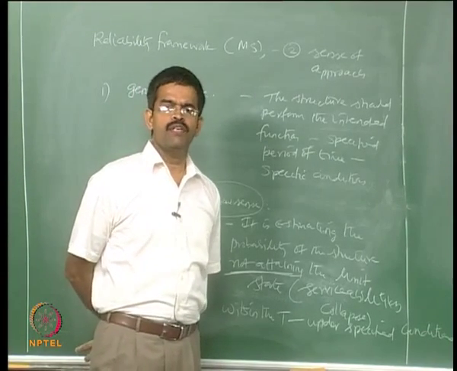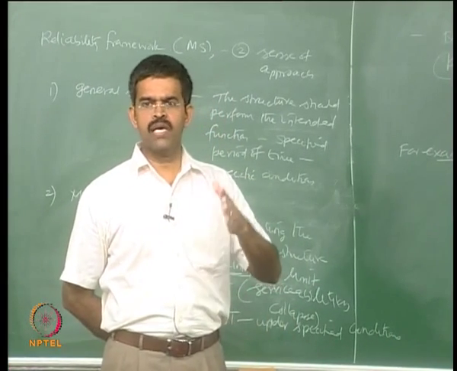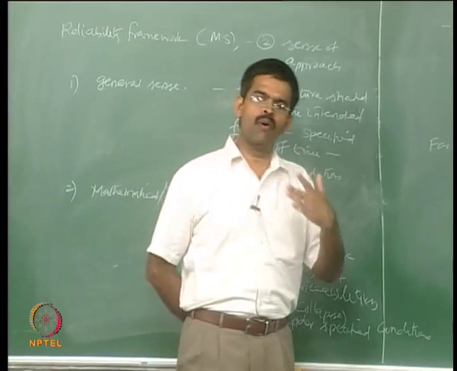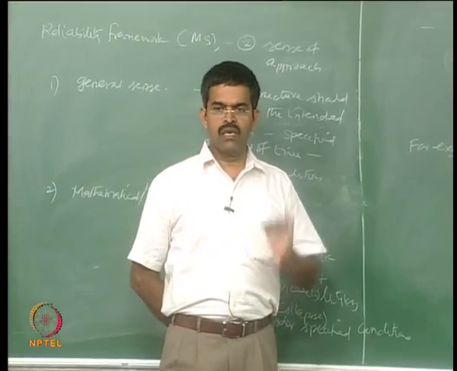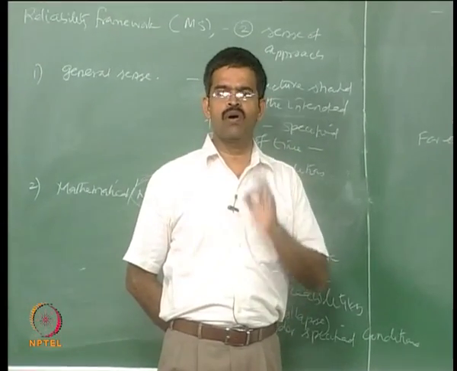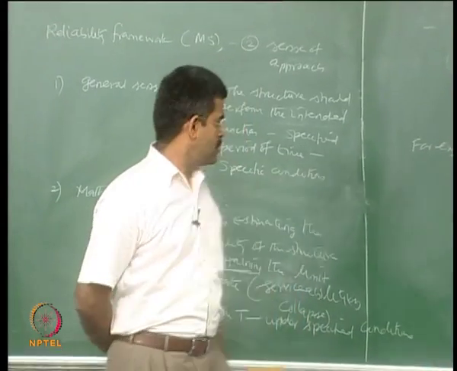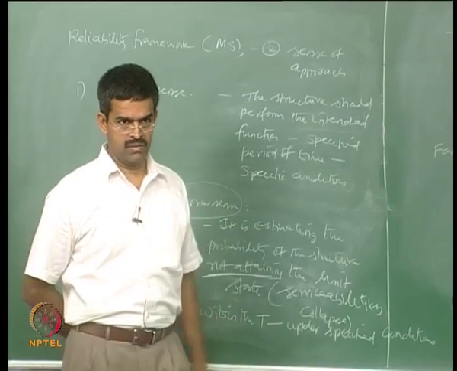So, if a design is perfect, if a plastic analysis based on upper bound or lower bound is accurate, considering all possible mechanisms, considering the real analytical method by which you have worked out the collapse load correctly, then the probability of the structure attaining the limit state is 100%.